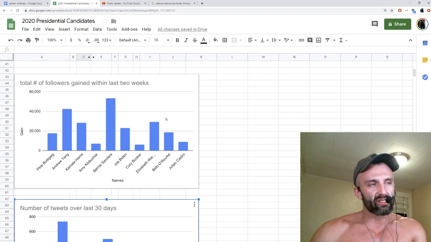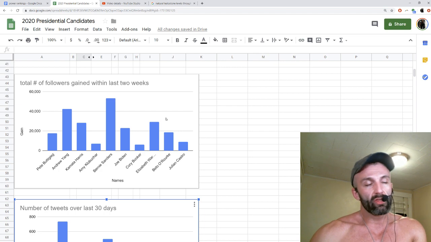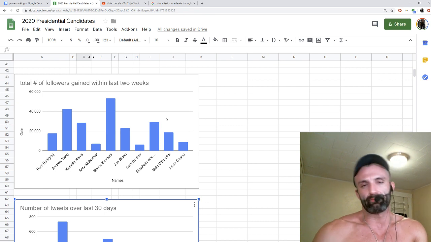So somebody like Bernie Sanders, who has almost 10 million people, maybe he's only growing at 100,000 new followers every month, and his growth rate's like, say, 1%.